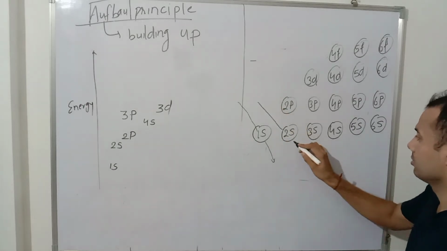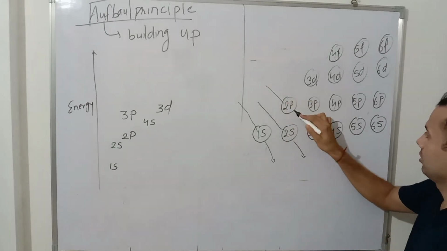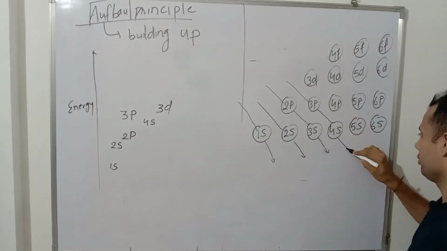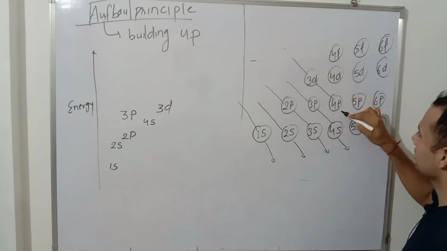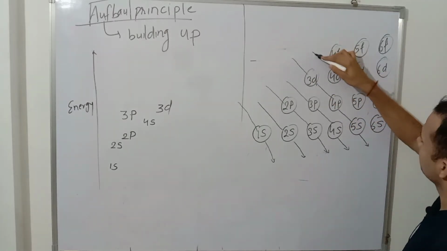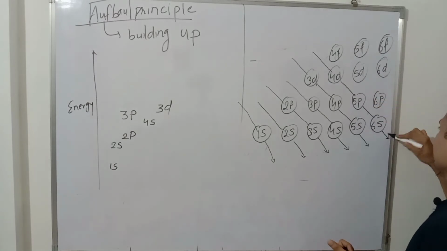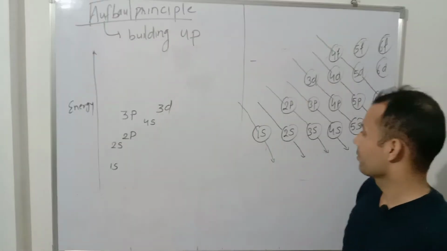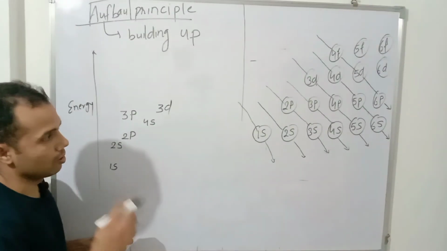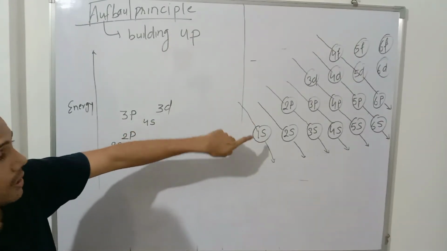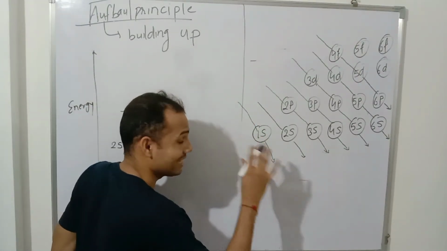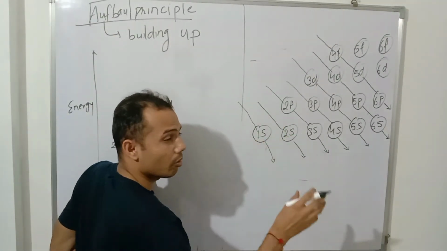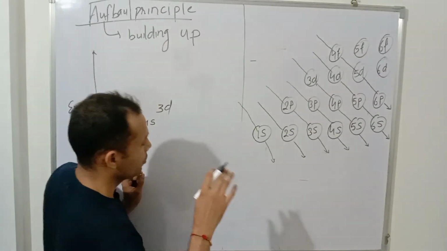So 1s, then you have 2s, 2p, like that, 3s, then 3p, 4s, 3d, 4p, 5s, then 4d, 5p, 6s, then 4f, 5d, 6p. This is the order of orbitals. Here the number indicates the energy level, and the letter indicates the orbital or sublevel.